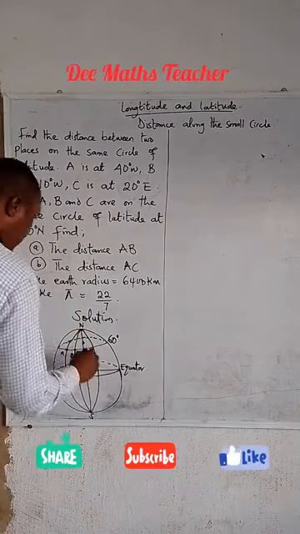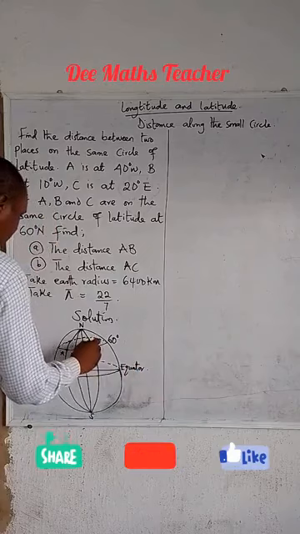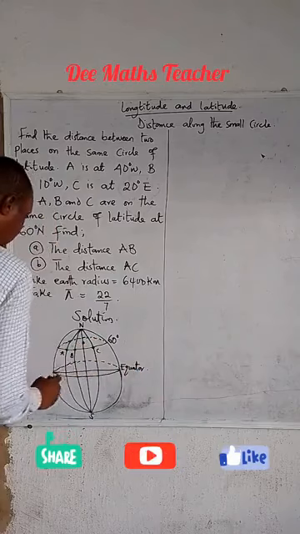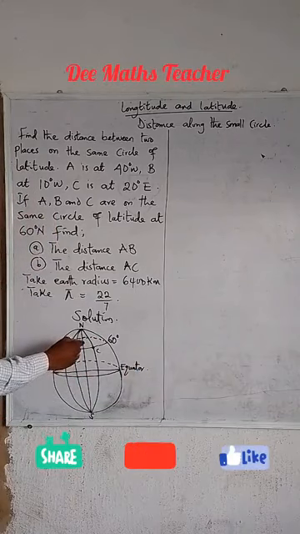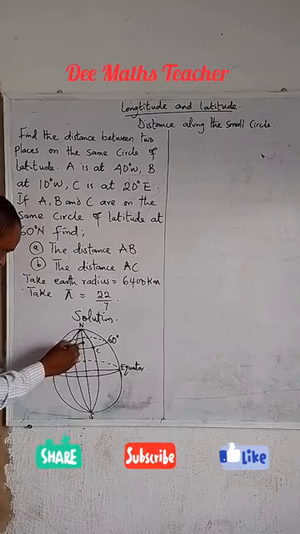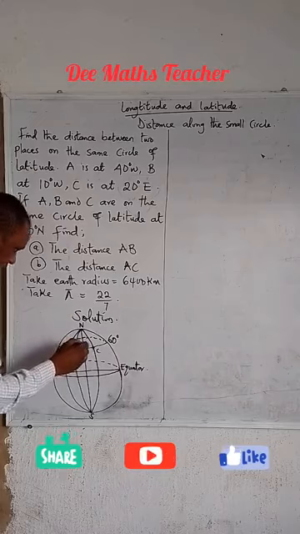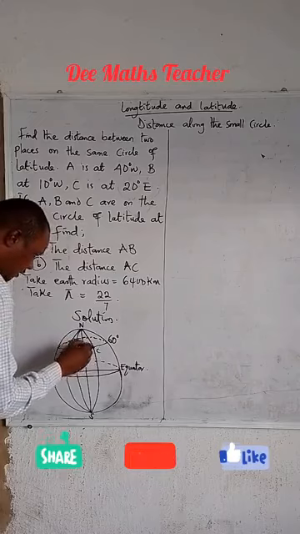So this is the east part. So this is point C. From the center here, we are going to have a line that joins this point A, another line that joins this point B, and a line that joins this point C.